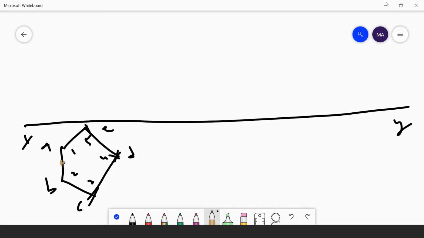Understand? I am taking this as a midpoint of the AB. I am joining from the front vertex D. I am taking the midpoint here on BC.